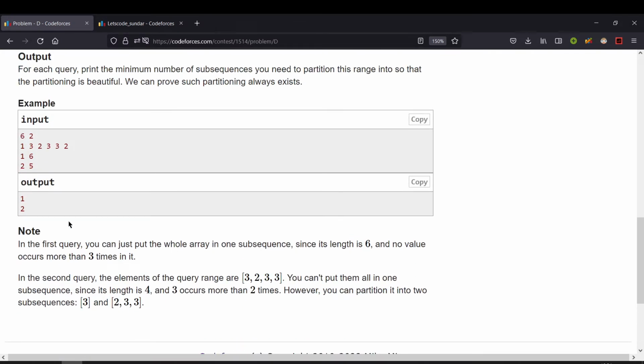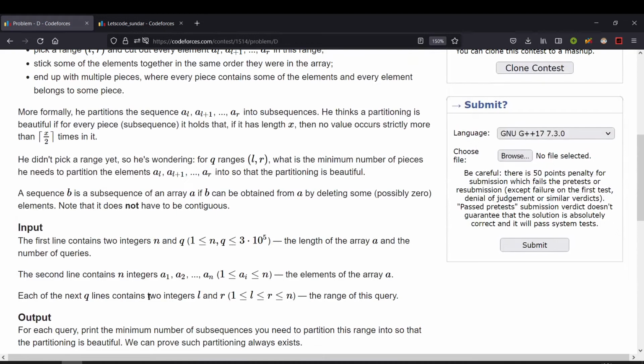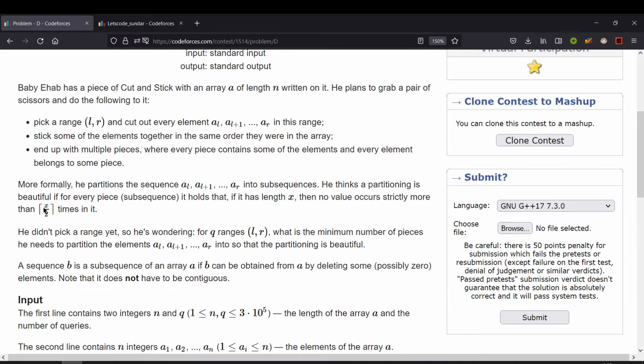Okay, so we have been given a range and we have to divide these numbers into some number of partitions such that the count of repetitions could be at max x by 2. Okay, I think I got the question.